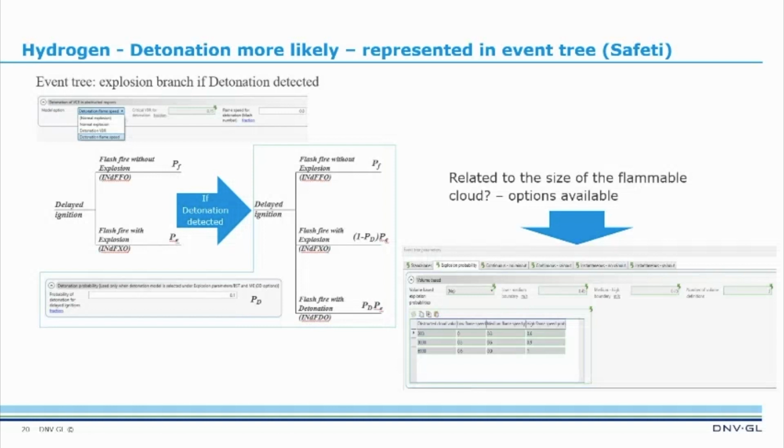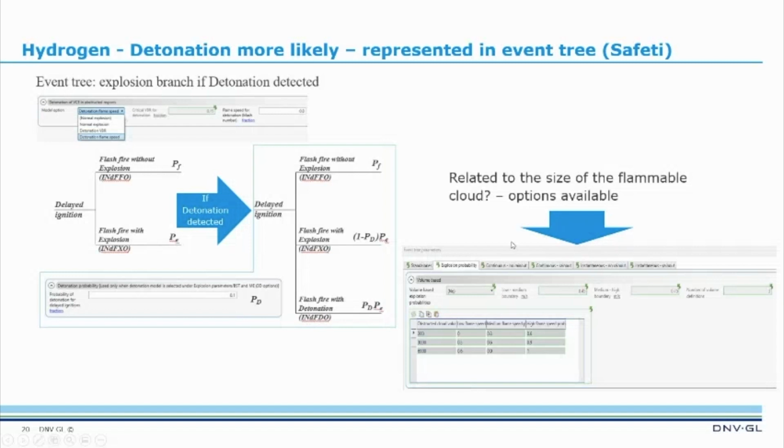For instance, if the cloud is burning back from an ignition point outside the obstructed region, then it could be deflagrating back to the obstructed region and only detonate in the obstructed region. So there's a fraction that can be applied to the detonation branch.